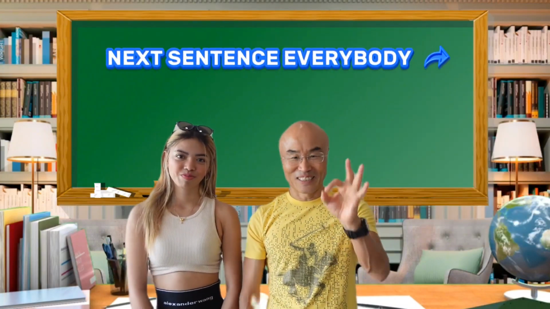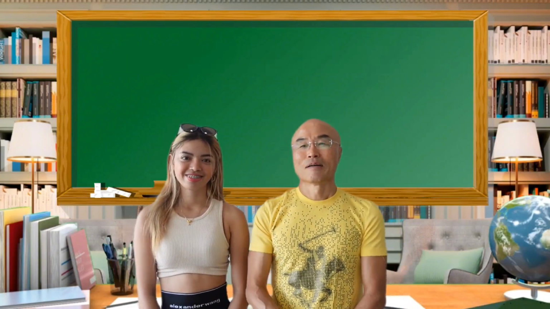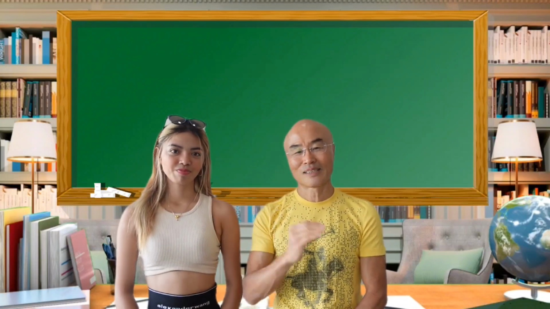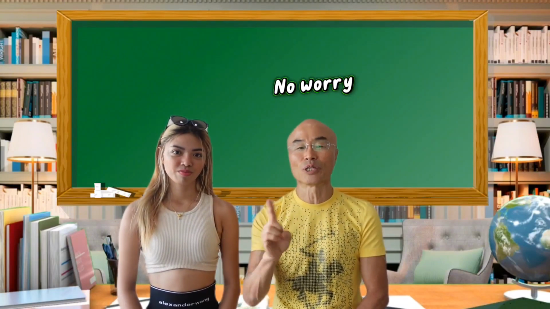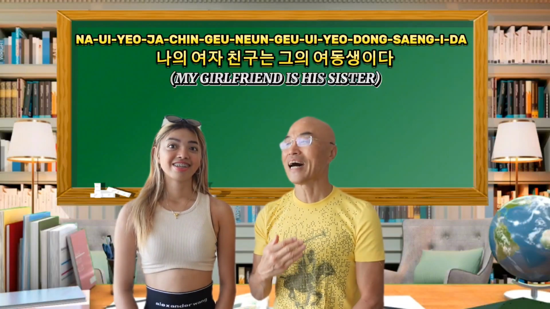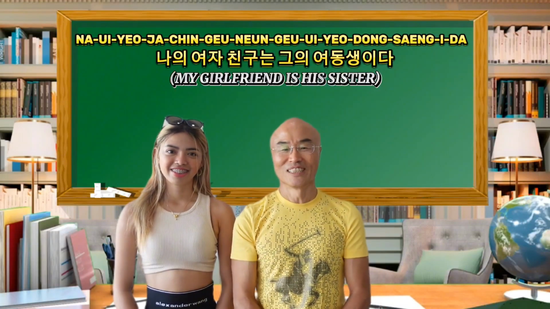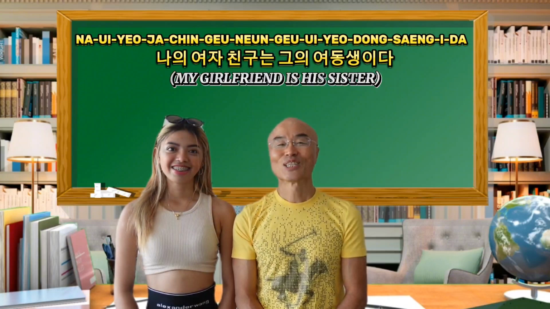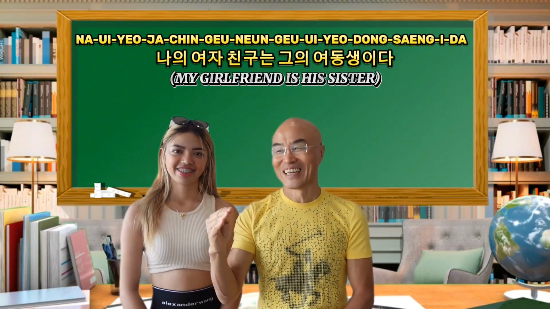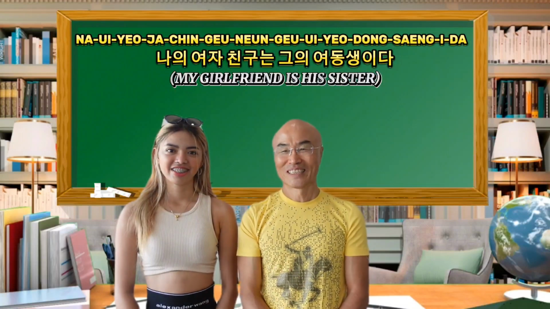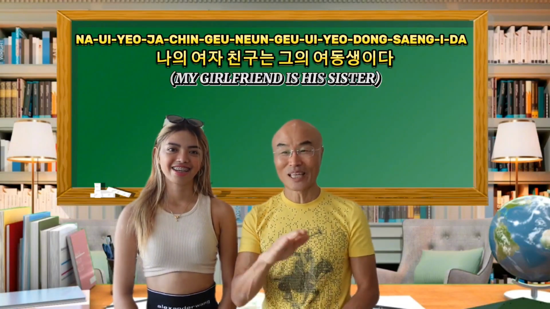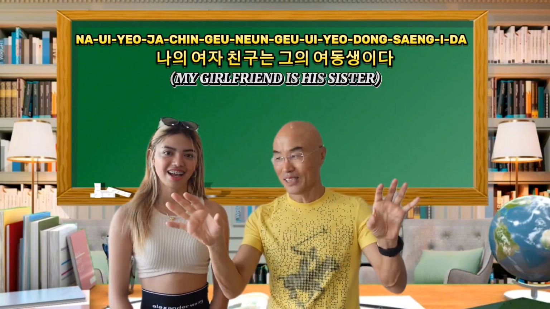Next sentence, everybody. My girlfriend is his sister. It sounds complicated. No worry. 나의 여자친구는 그의 여동생이다. 동생, sister, like brother and sister, okay?